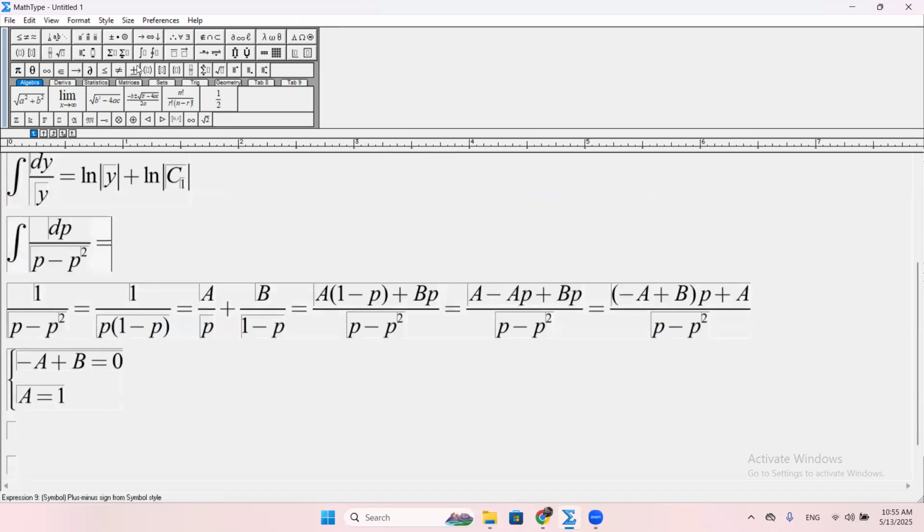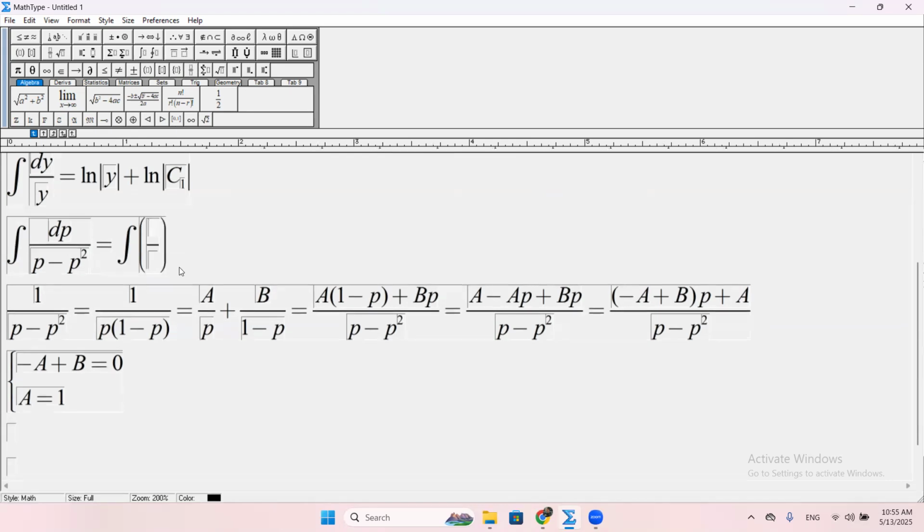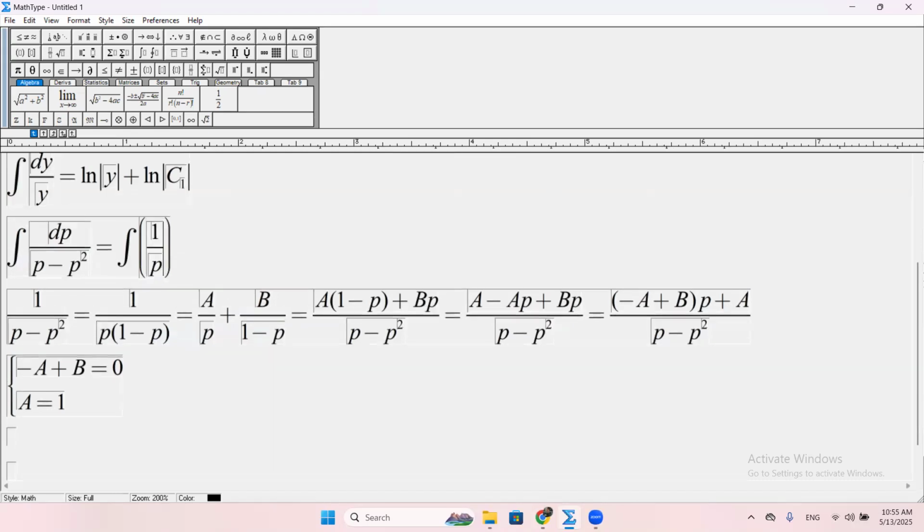So what do we have here? The following integral: 1 over p plus 1 over 1 minus p.